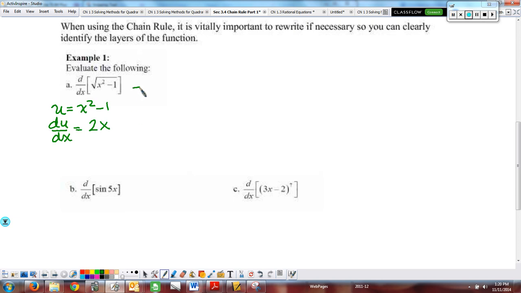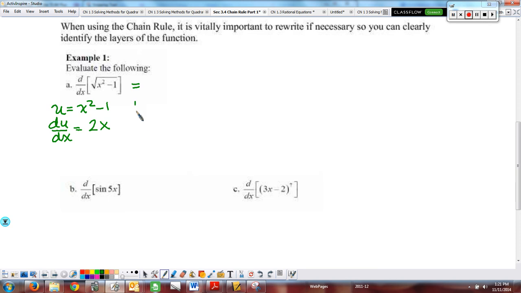Then I'm going to think of this as trying to find the derivative of the square root of u, or u to the 1/2. I like to do all the work over on the side, the inside and the outside function. I think it makes it easier down here at the bottom.